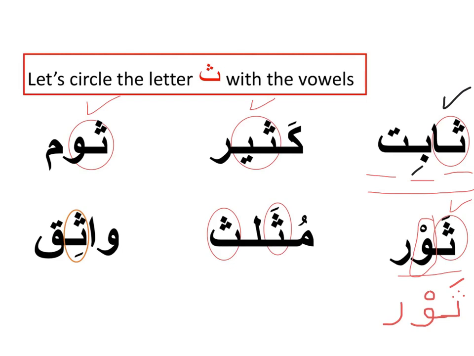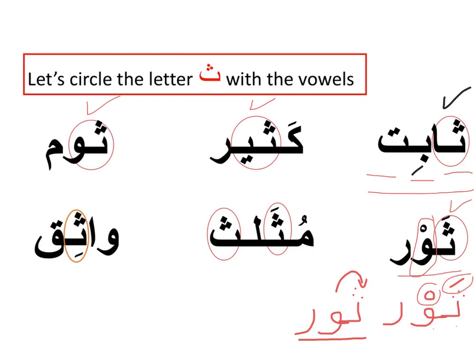But if I have here tha without any vowel, and here the letter u without any vowel, I would say that this one is the vowel for tha, and I would say it thur. But since tha has its own vowel and wa has its own vowel, so these are two different letters, tha and wa.